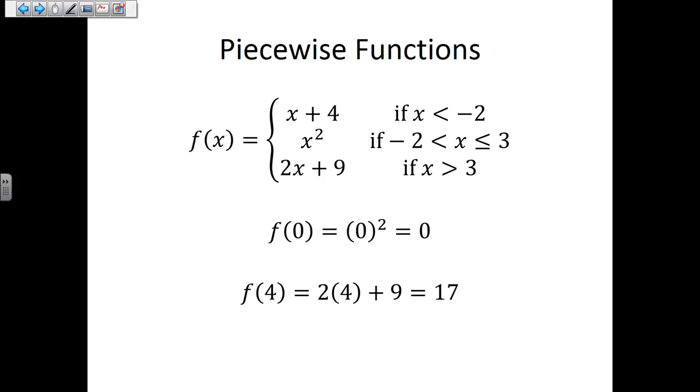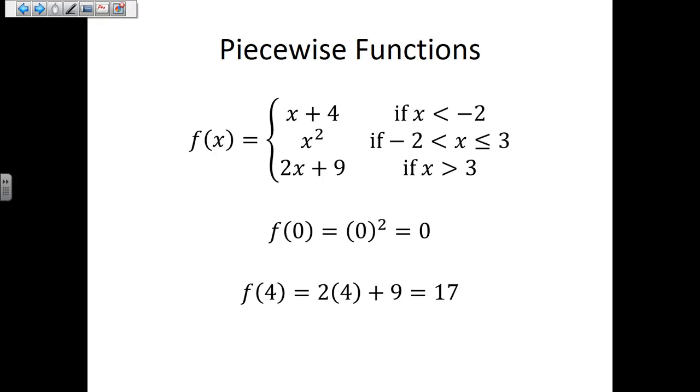So f of 0 is equal to 0 squared. I plug 0 into that middle piece of this piecewise function. 0 squared is 0. Since f of 4, I'm plugging in a number bigger than 3, I've got to use the bottom piece of this piecewise function. So I'm plugging 4 into 2x plus 9, so 2 times 4 is going to give me 8, plus 9 is 17.